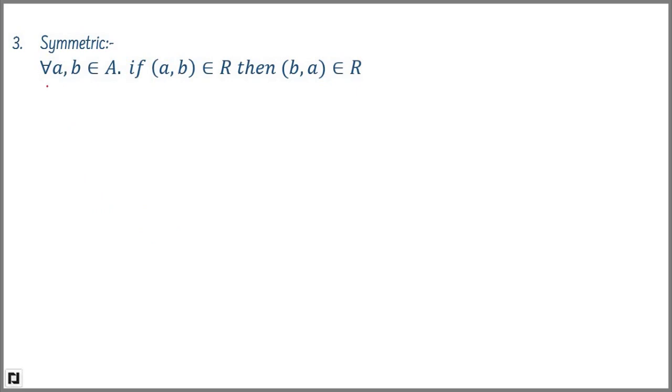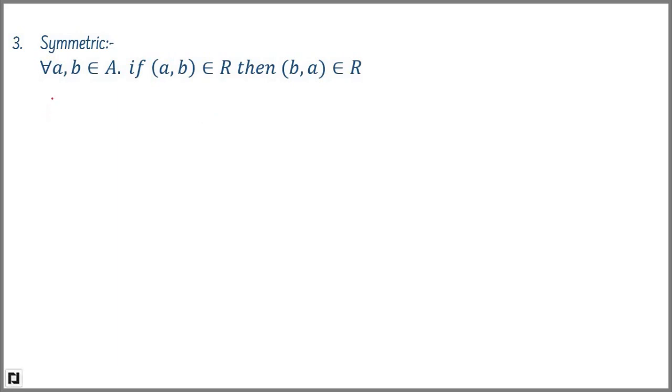Now here we have the third property, which is symmetric. For all elements a, b which belong to the set A, if (a, b) belongs to the relation R, then (b, a) should also belong to the relation R. This means if (a, b) belongs to R, then its reverse should also exist in the relation. Let's take an example.